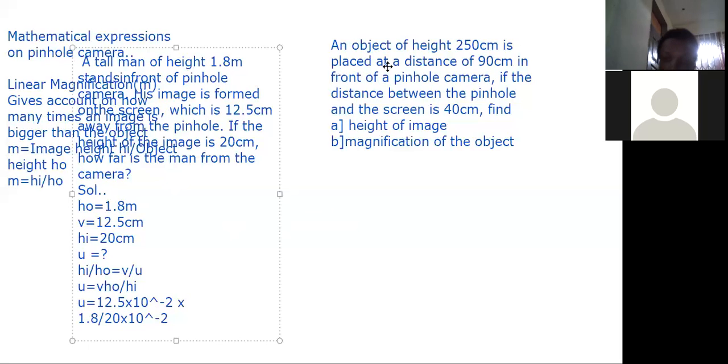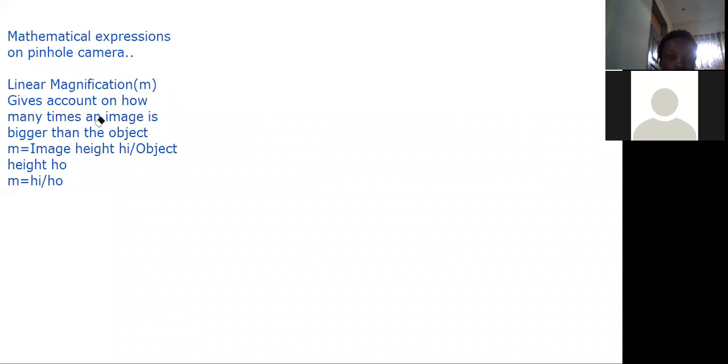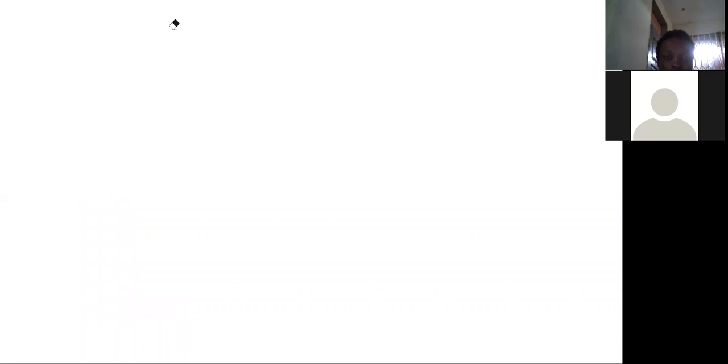Let's do shadows. When we talk of shadows, I know you already know what shadows are, so you can relate very fast.